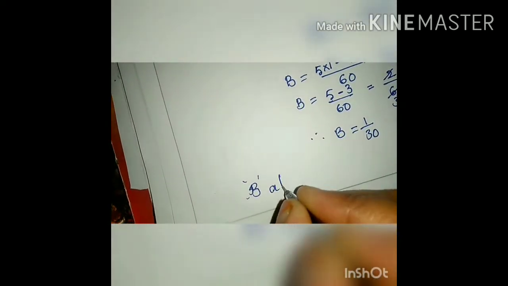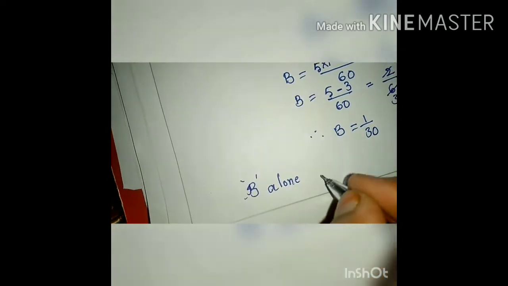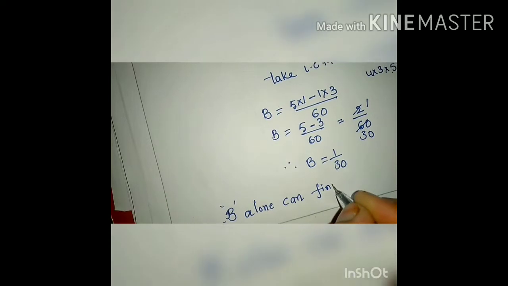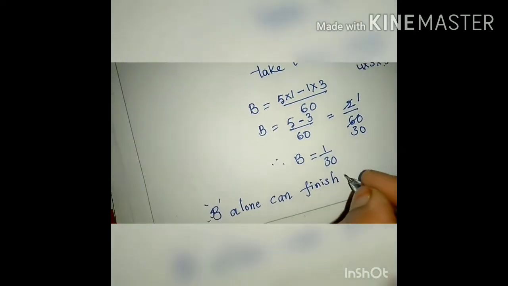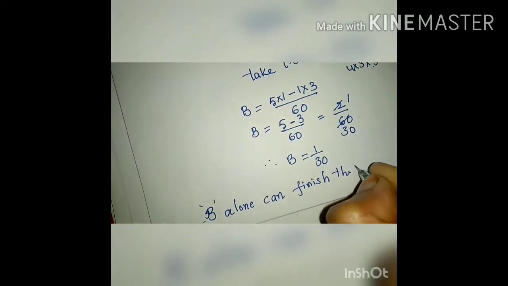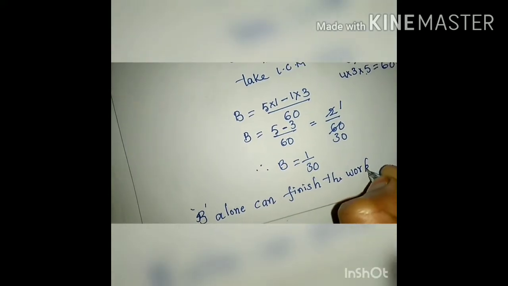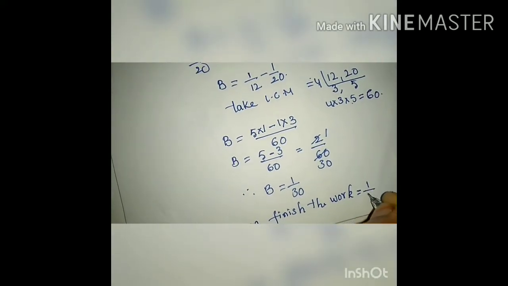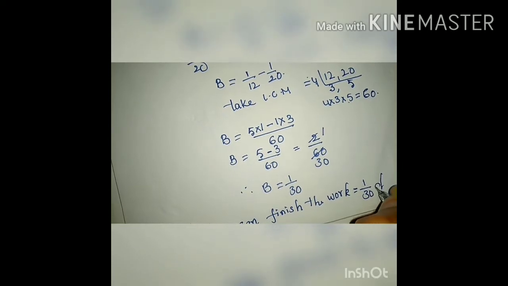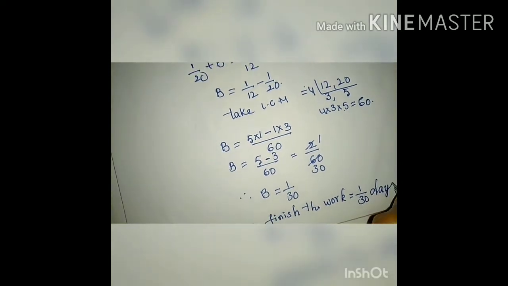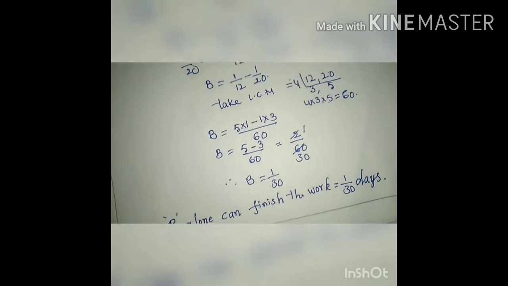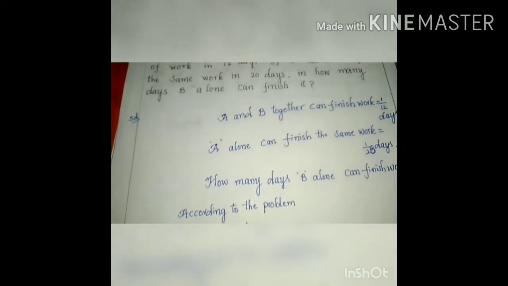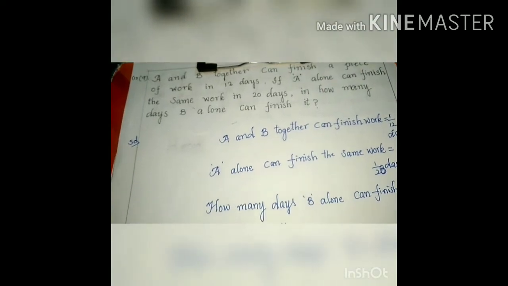B alone can finish the work equal to 1 by 30 days. 30 days. Did you understand, children, this problem? Okay.